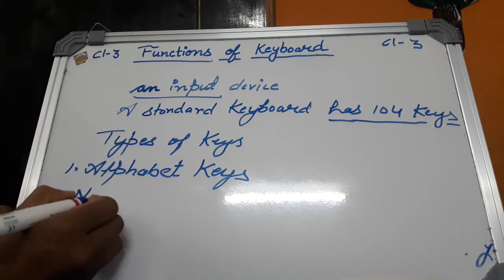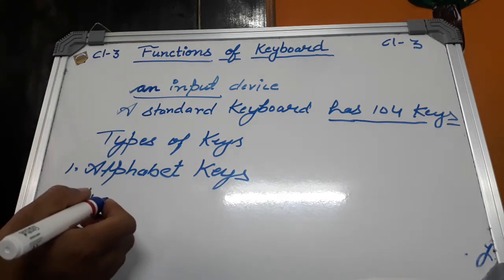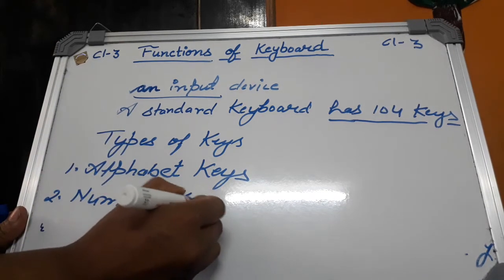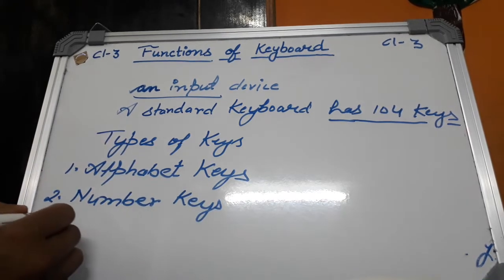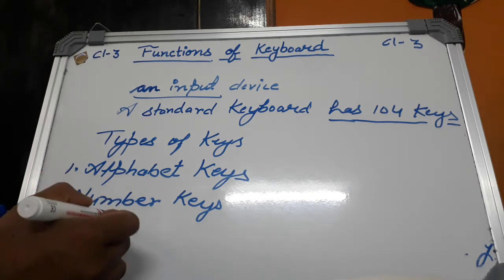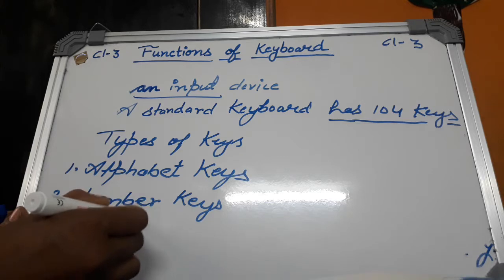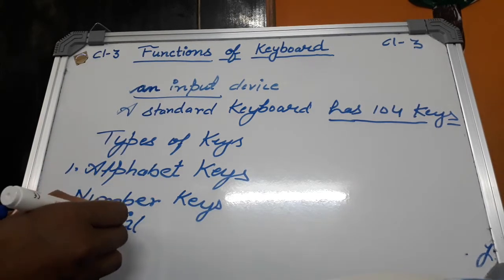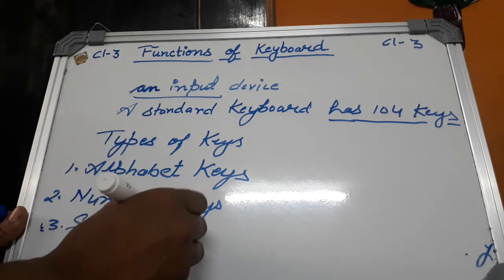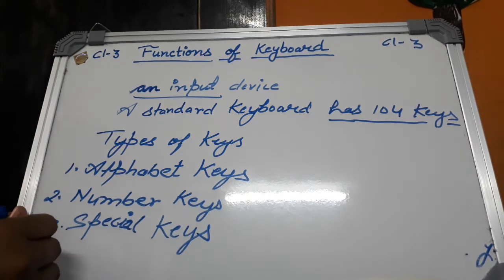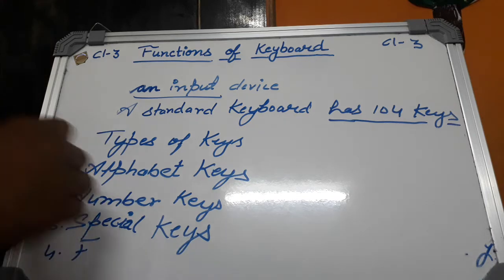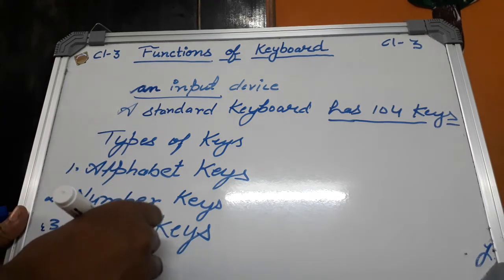Number keys: 0, 1, 2, 3, 4, 5, 6, 7, 8, 9, these are number keys. Special keys are like comma, brackets, and the function keys F1 to F12, which are called function keys.